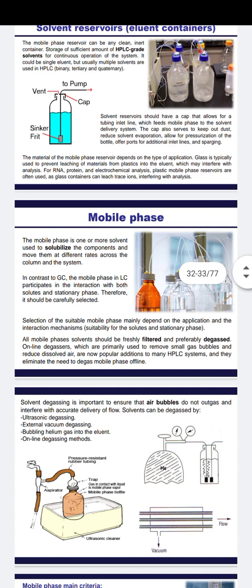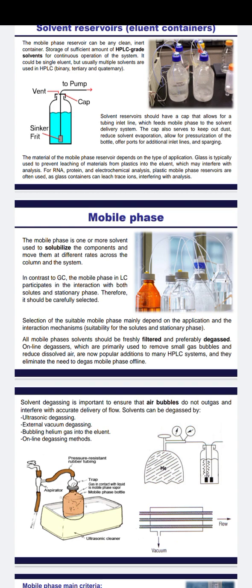Next, mobile phase. The mobile phase is one or more solvents used to solubilize the components and move them at different rates across the column and the system. In contrast to gas chromatography, the mobile phase in liquid chromatography participates in the interaction with both solutes and stationary phase. Therefore, it should be carefully selected. Selection of the suitable mobile phase mainly depends on the application and the interaction mechanism.